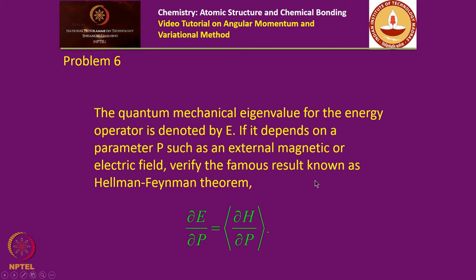verify the famous result that was given as the Hellman-Feynman theorem, namely the derivative of the eigenvalue E with respect to the parameter is equal to the expectation value of the derivative of the Hamiltonian, which is a function of P. The angular brackets tell you that this is the expectation value.